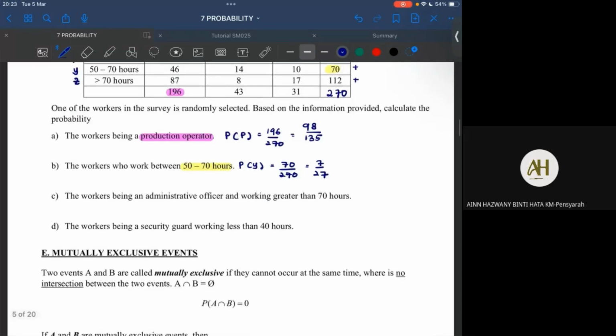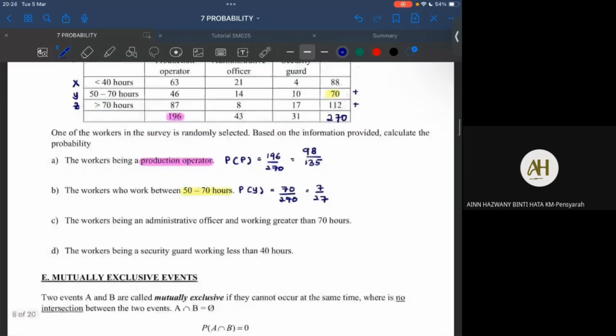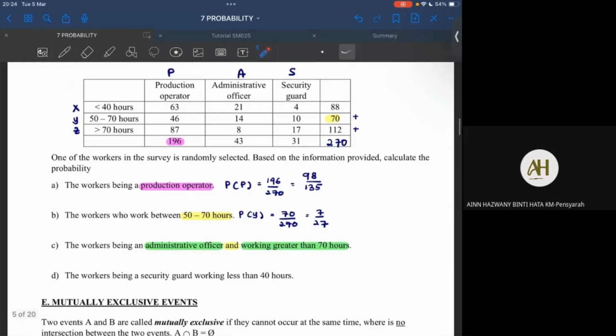Now, kita nak tengok intersection dia. So workers being an admin officer and working greater than 70 hours. Okay. Admin officer working, admin officer working greater than 70 hours.